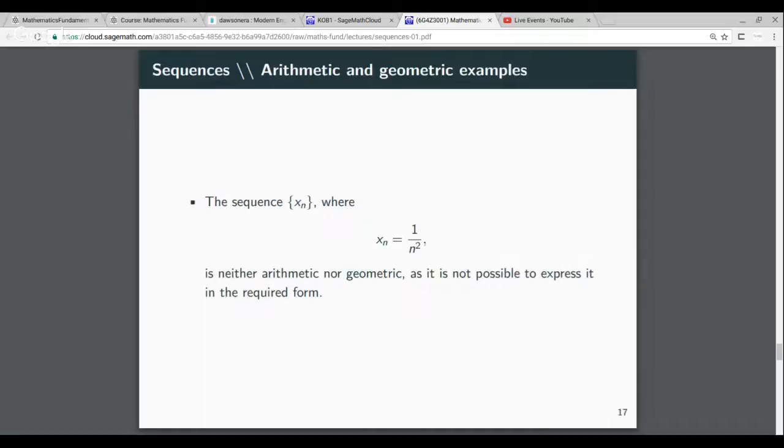Now, from time to time we will meet these terms, arithmetic and geometric, again, so we'll recognize them when we see them. In the introduction lecture, we said we were going to be looking at convergence.